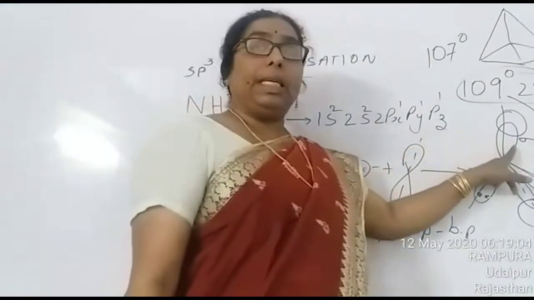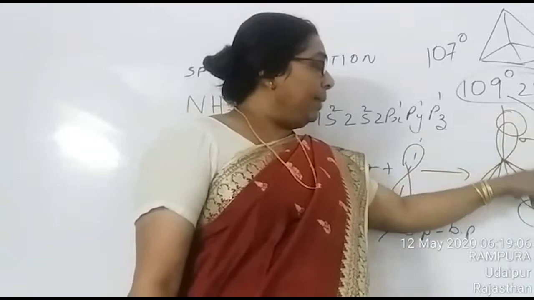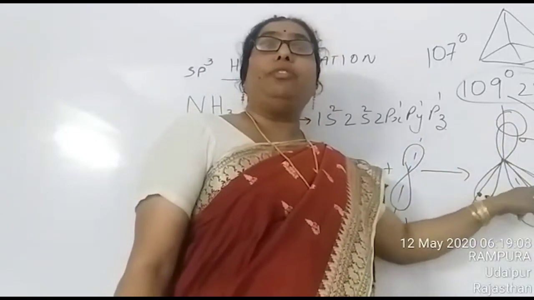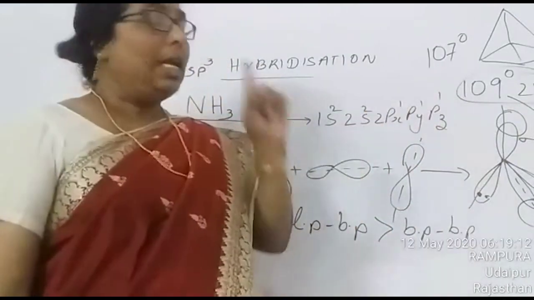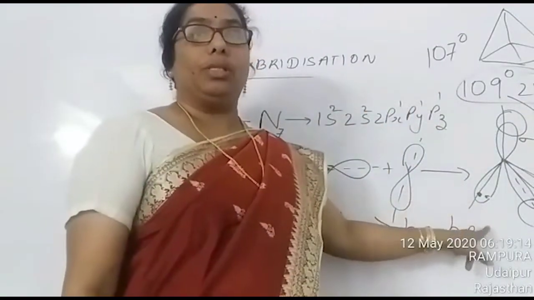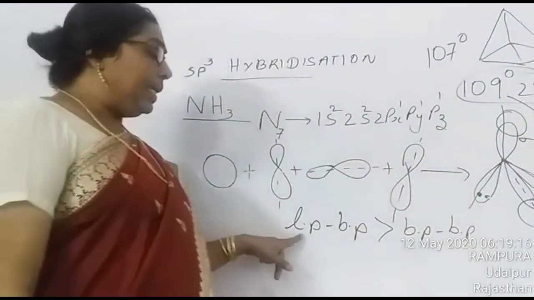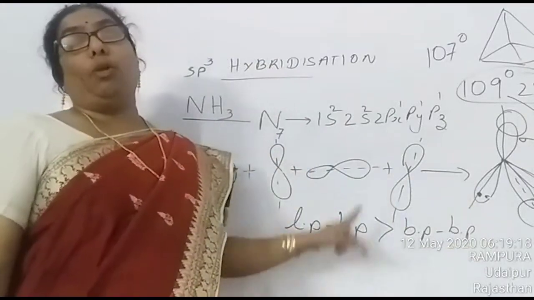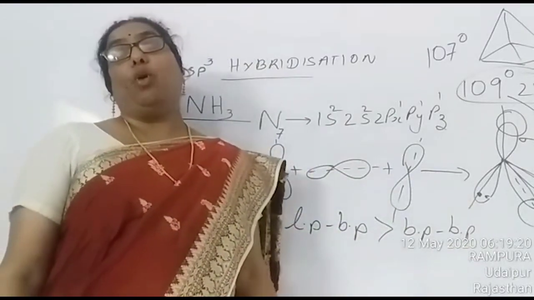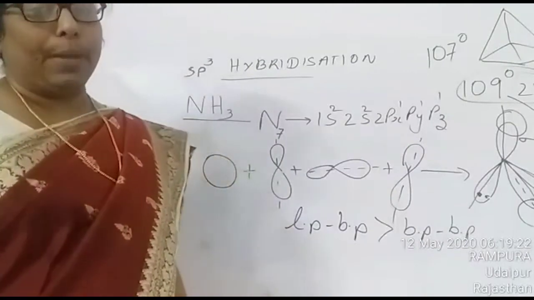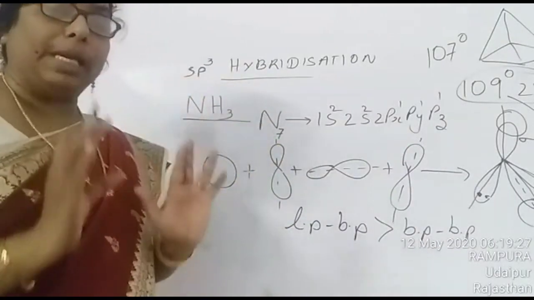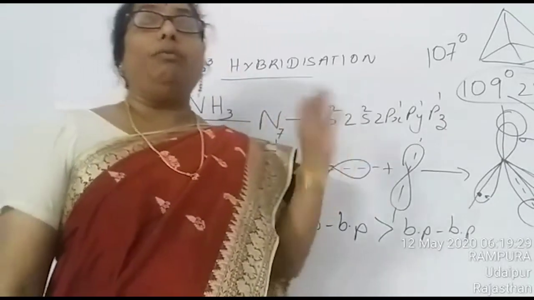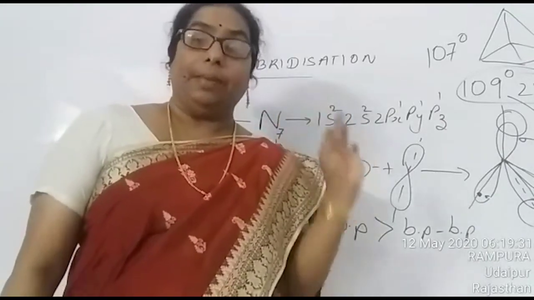So the sp3 hybrid orbitals form sigma bonds with the 1s orbitals of 3 hydrogen atoms. We can see the presence of a lone pair of electrons, and according to VSEPR theory, lone pair-bond pair repulsion is stronger than bond pair repulsion. Therefore, the structure of ammonia becomes pyramidal with a bond angle of 107 degree.